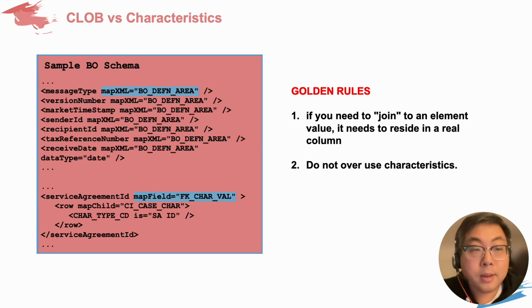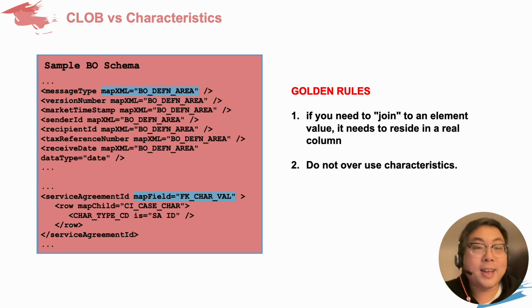However, most of these characteristic tables also have effective date columns. So imagine if you want to have 10 different characteristics with effective dated values, how big the query is going to end up.